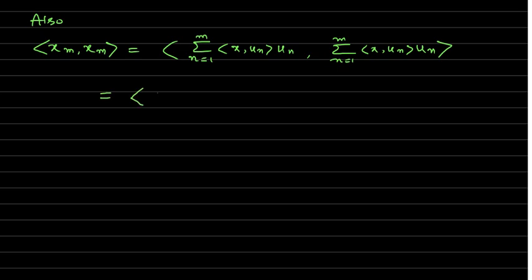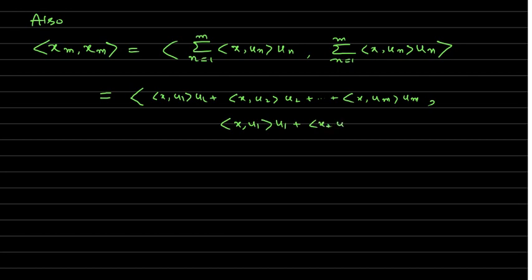It's the inner product x u1 with u1 plus the inner product x u2 with u2 plus the inner product x um. Then the second one is the same vector: x u1 with u1 plus x u2 with u2 plus.